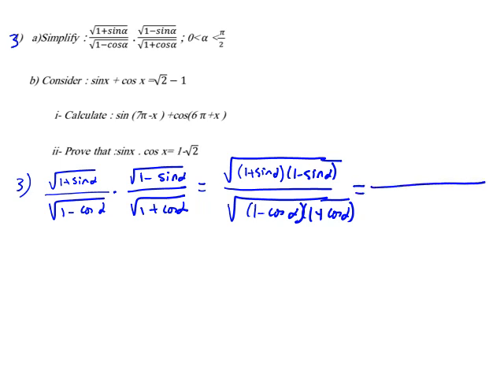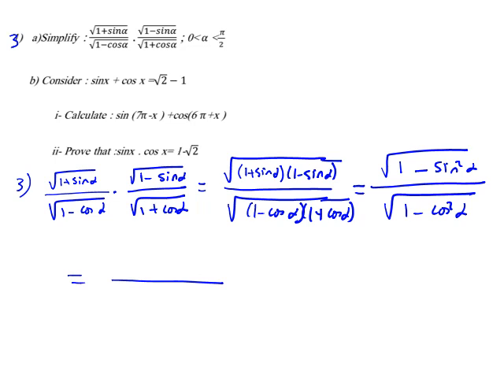It is in the form a plus b and a minus b, equal to radical 1 minus sine square alpha, radical 1 minus cosine square alpha. So the answer is radical cosine square alpha over radical sine square alpha.